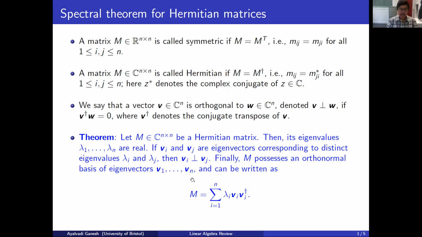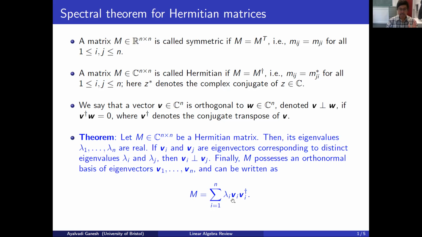And finally, M can be diagonalized. So it has an orthonormal basis of eigenvectors, and you can write M as the sum of these rank 1 matrices. Here Vi is a column vector, Vi dagger is its conjugate transpose, a row vector.